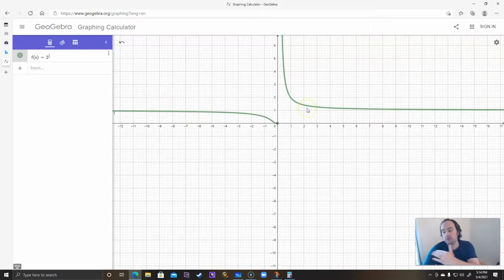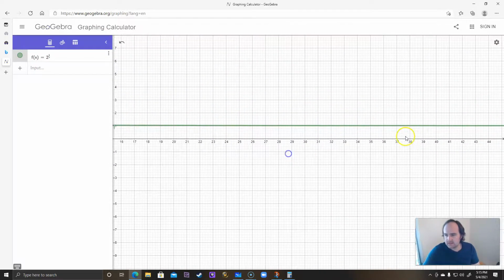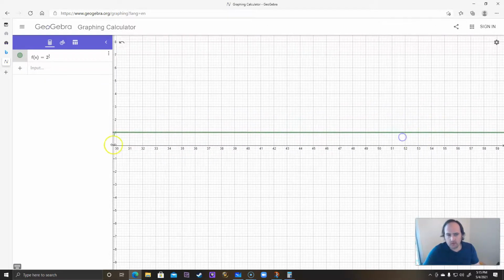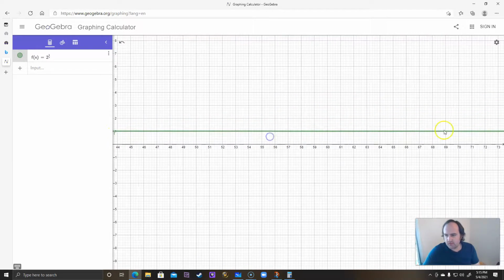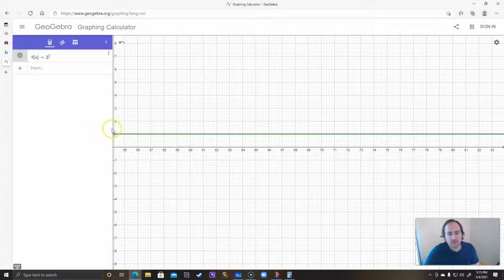Because remember, as n goes to infinity, it ends up being the same thing as if x goes to infinity for 2 to the 1 over x. So as x goes to infinity here, we can see that our function is approaching 1 on the y-axis. On the y-axis this is 1, and the function is approaching 1 as a horizontal asymptote, which means the limit as x goes to infinity of 2 to the 1 over x equals 1.